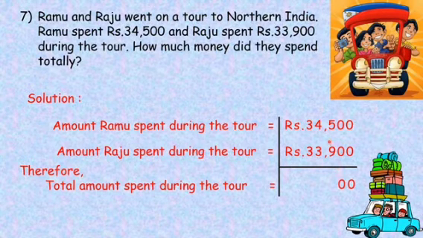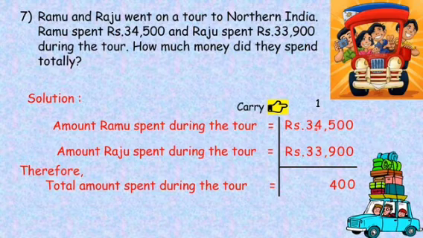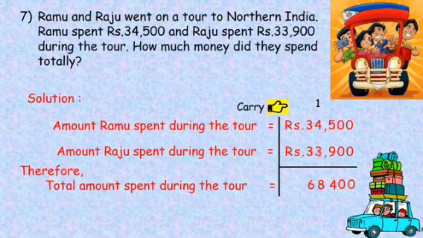Then we have 9 plus 5, which is 14. 1 gets carried and 4 goes to the bottom. Then 4 plus 3 is 7 plus 1 is 8. 3 plus 3 is 6. So totally it's 68,400 rupees that is being spent by Ramu and Raju together.